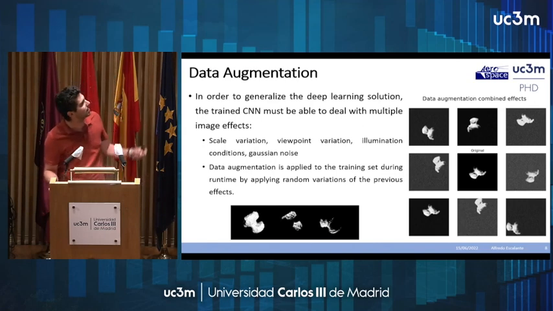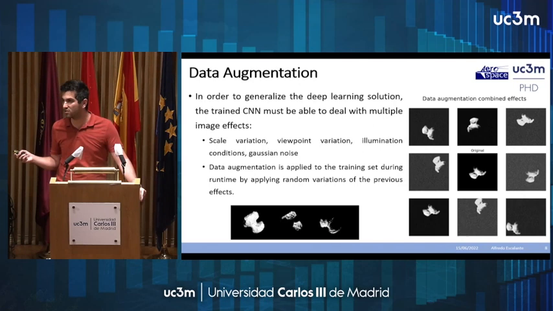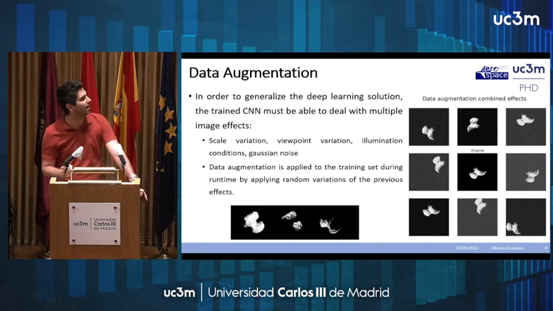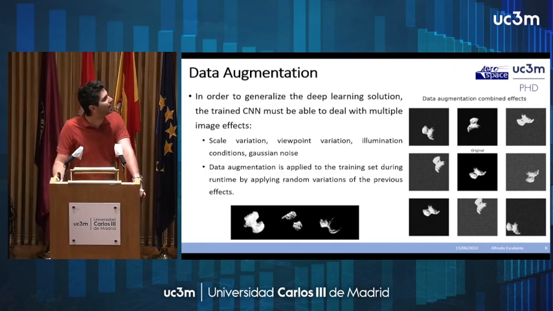For example, in the case of this mission, we have a scale variation as the spacecraft moves closer or farther from the comet, and viewpoint variation depending on the position of the camera. Illumination conditions vary too, not only intensity but also the direction of the illumination source, which matters especially for a complex body like Churyumov-Gerasimenko. From the image on the bottom left, you can see that the three images are taken with the same viewpoint, just changing the illumination direction, and the target looks completely different.